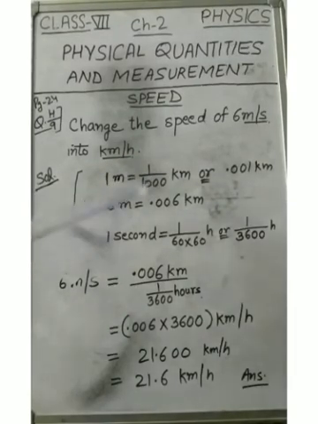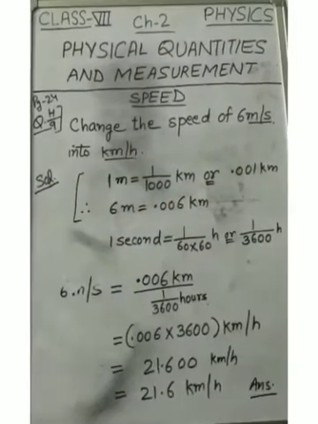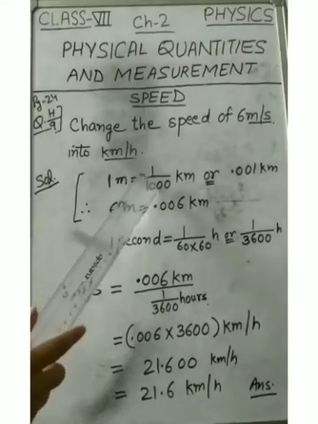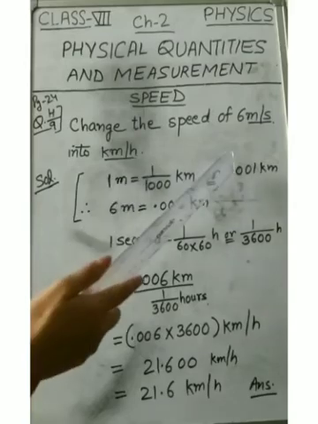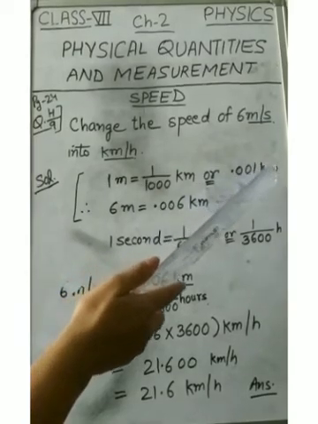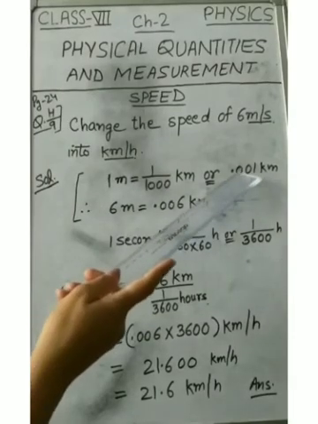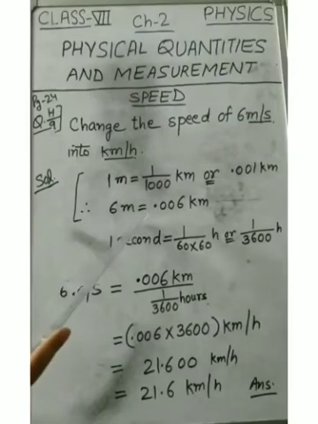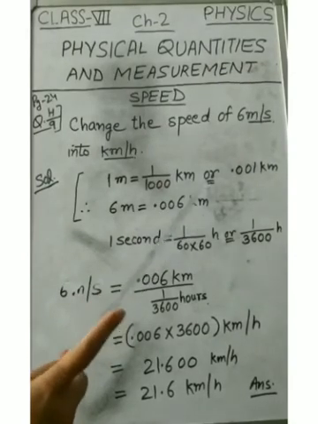So first of all, we have to convert meter into kilometer. We know 1 meter is equal to 1 upon 1000 kilometer, or we can write it 0.001 kilometer. Hence 6 meter is equal to 0.006 kilometer. This all you know.